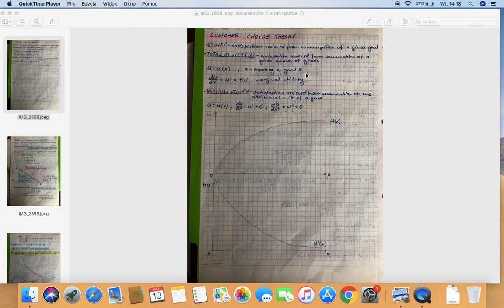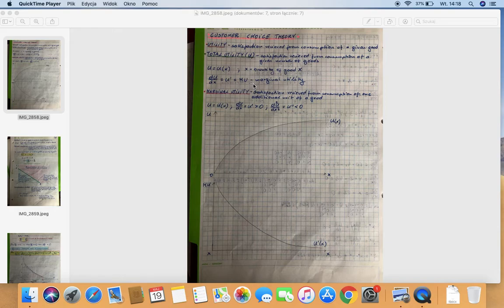Look, we do not need to know the exact shape of this function. We just need to know some of its properties. And as usual, we're going to do it using derivatives. We assume that the first derivative of the utility function with respect to x, so the quantity of good x consumed, u prime, we will be calling marginal utility.